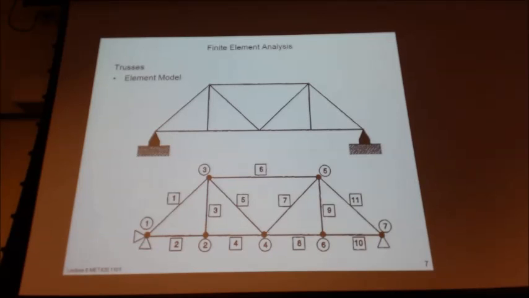So if we have an example of a truss, which we're doing pin connections for, we can set up our elements and our nodes, draw the object. One of the things that we'll continually talk about through the rest of this is symmetry.